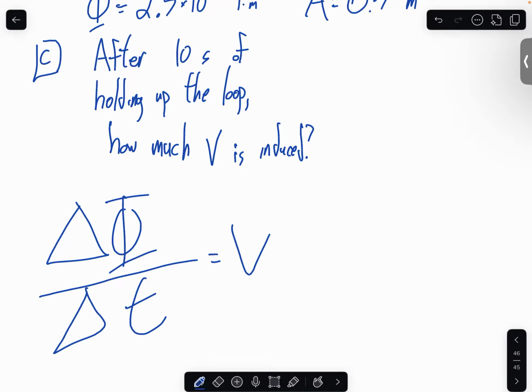Oh, correct answers. One more time, Google question E. Take a loop of wire in the Earth's magnetic field, perpendicular to the field, smush it, change the area. Is voltage induced?